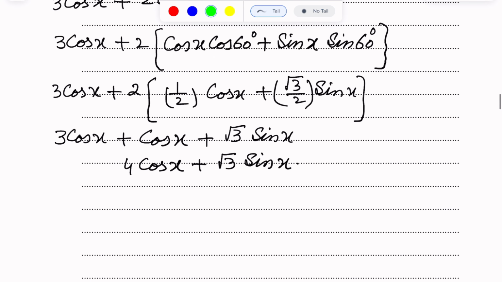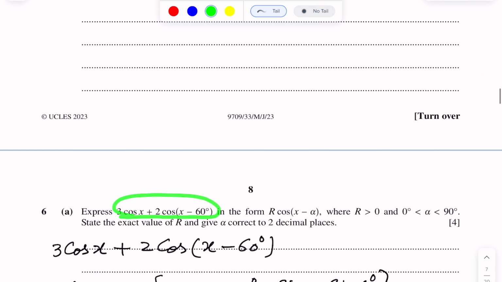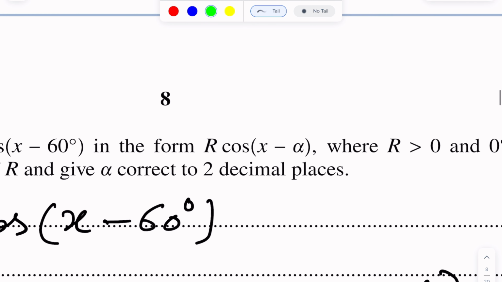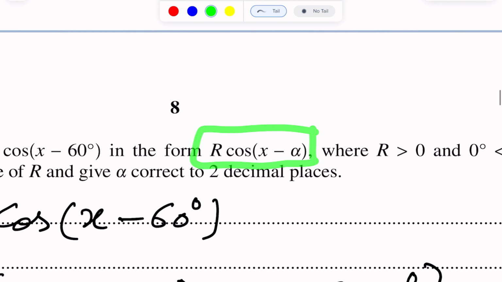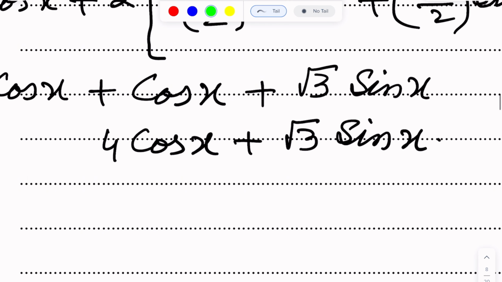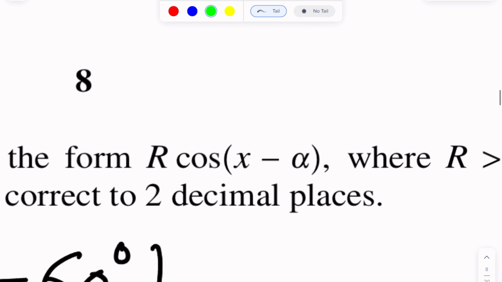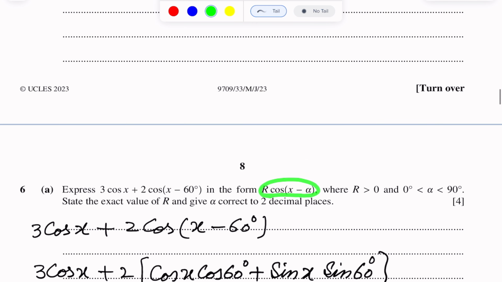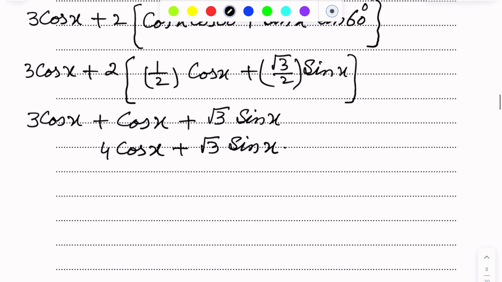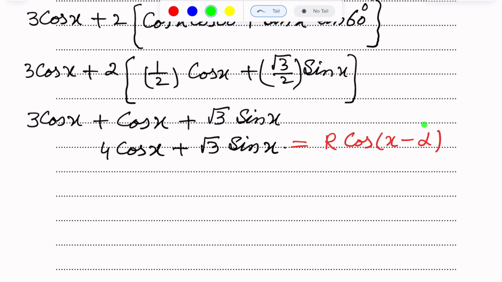First, we have written this expression in this form. Now it is given that we have to express it in this format. So we are equating this expression with the given format, that is r cos(x minus alpha). Now again we use the identity to expand this cos(x minus alpha).